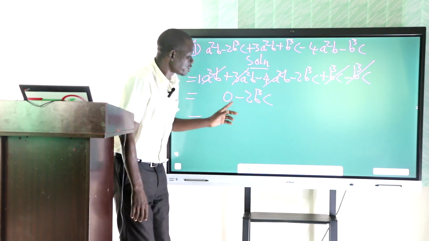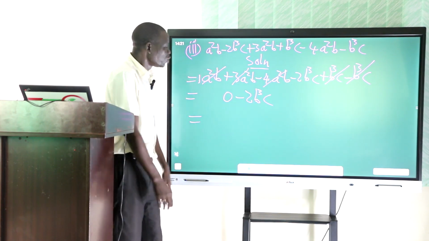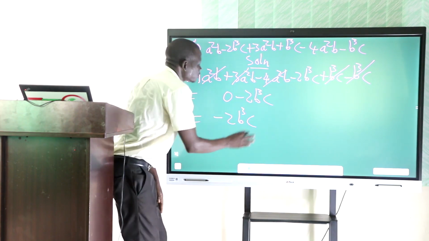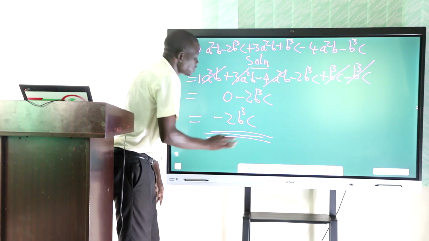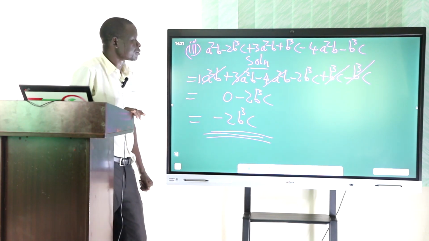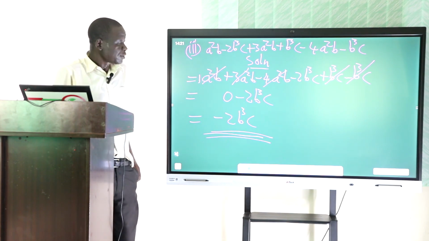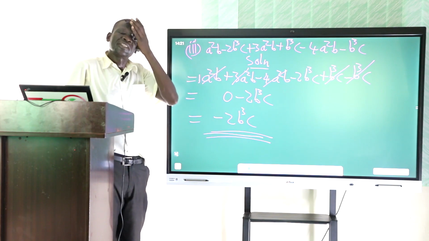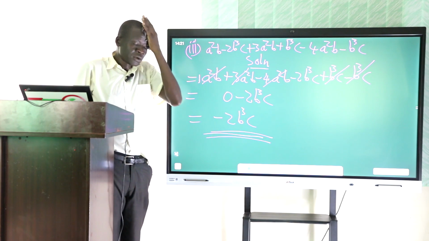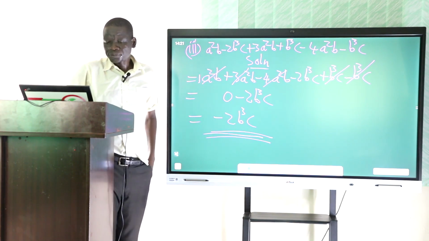And 0 minus 2b cubed c, we get negative 2b cubed c. And this becomes the final answer, negative 2b cubed c. This is basically how we can subtract and add algebraic expressions, which consist of both like and unlike terms.